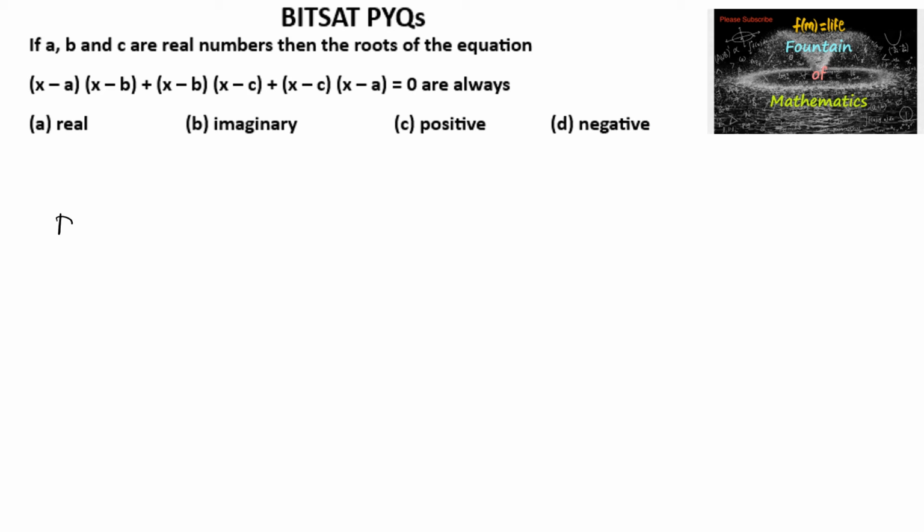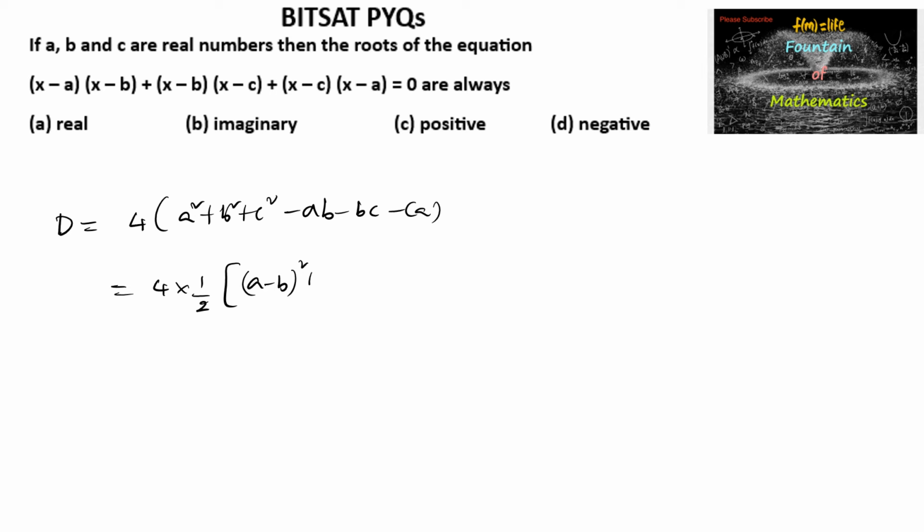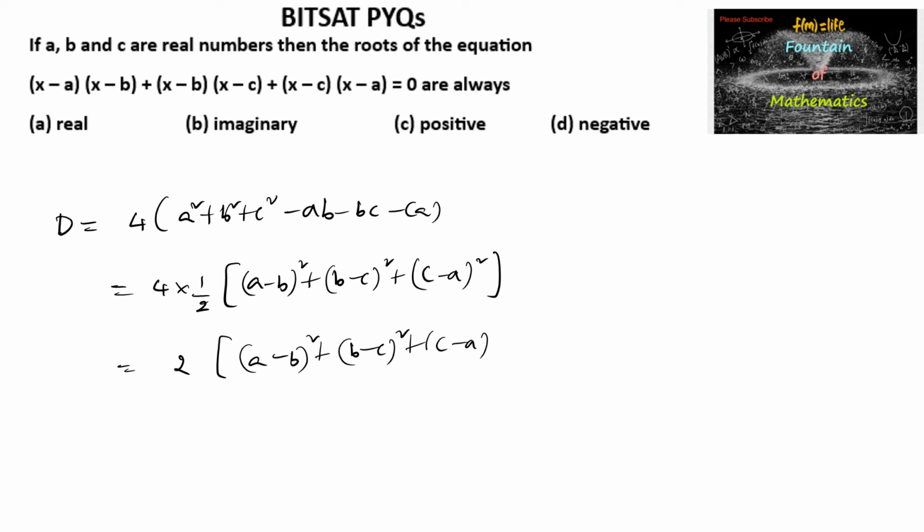Hence discriminant D is equal to 4 times (a² + b² + c² − ab − bc − ca), which we can write as 4 into 1/2 times [(a−b)² + (b−c)² + (c−a)²], and that is 2 times [(a−b)² + (b−c)² + (c−a)²].